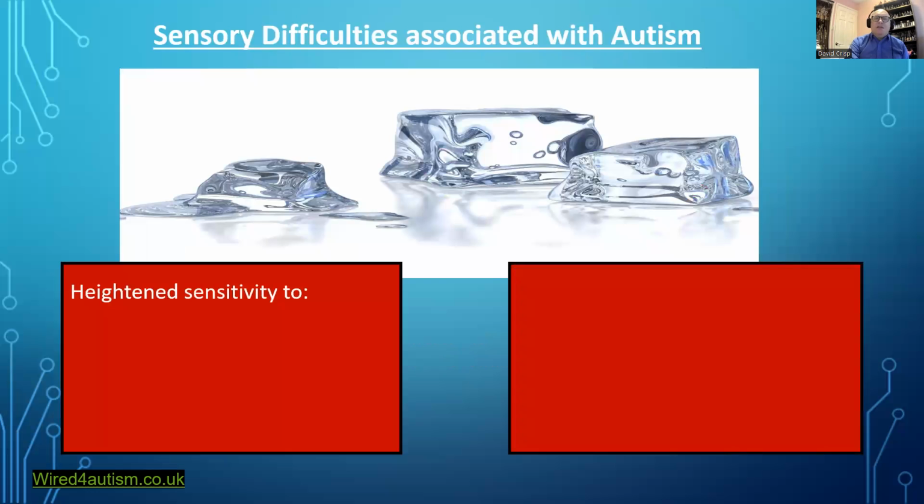So what are these sensory difficulties you can have in autism? You can have heightened sensitivity to sound, smell, taste, touch, visual stimulus.